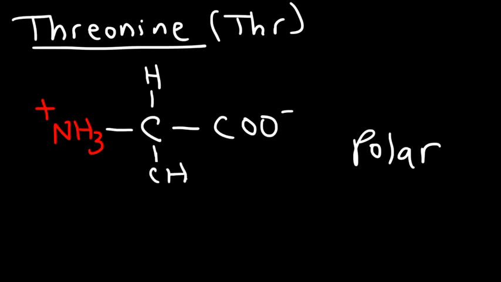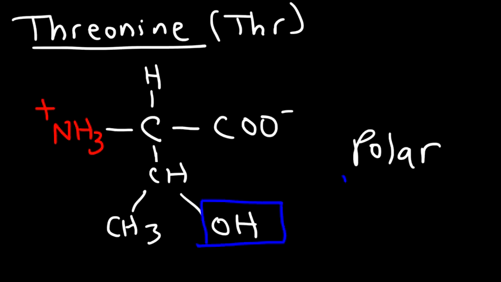So the first group is a CH group, and attached to that, there's a methyl group and an OH group. So this is the polar portion of the side chain group. And this portion is nonpolar. So anytime you have a hydrocarbon, it's always going to be nonpolar. But overall, because you don't have many hydrocarbons, but you do have a polar group, this entire molecule is considered to be a polar amino acid.